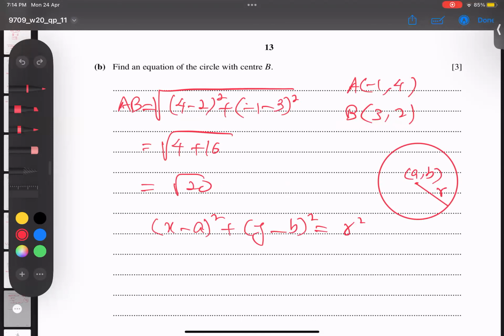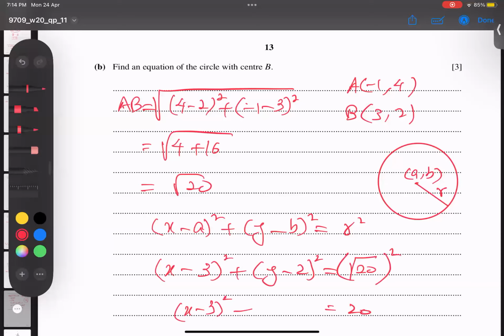I hope you got the point clear. So x minus 3 square plus y minus 2 square equals radius square, and radius square is 20 actually, since the root and square cancel out finally. And there is no need to expand this. This is my final form. So I hope the point is clear.